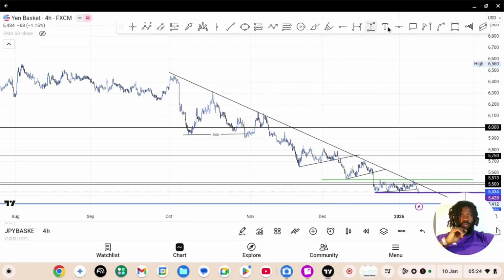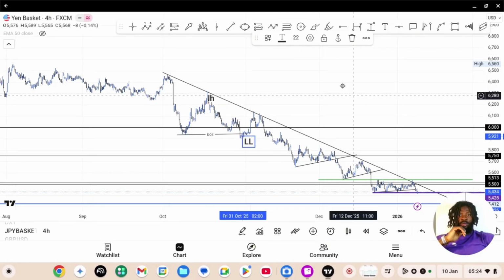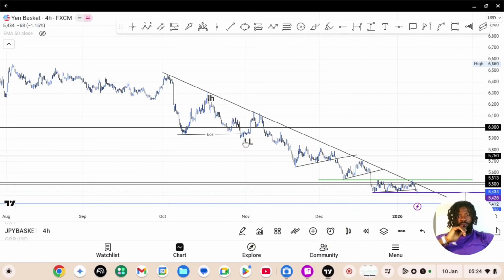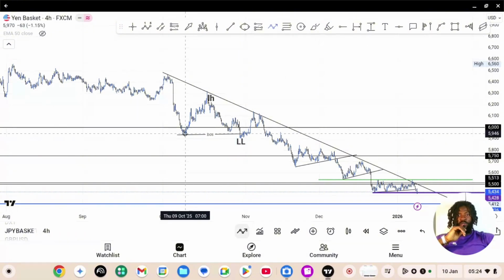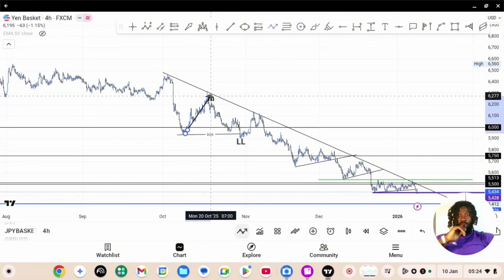and printing a lower high here, lower high, and giving us a lower low. Lower low there. Now you see we have a lower high here giving us a break of structure downwards.